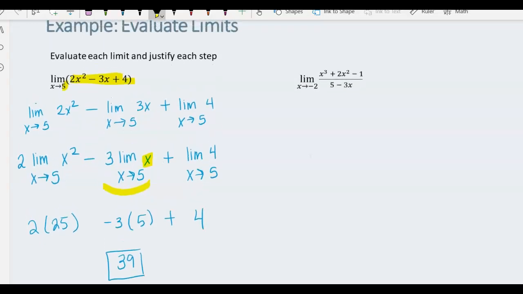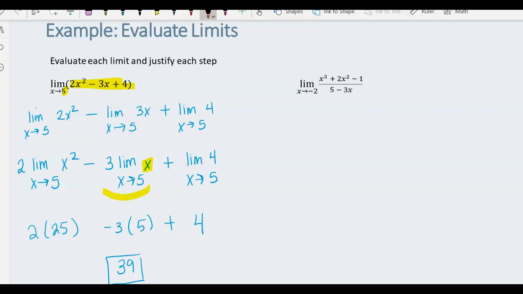What happens if we do that in the second example? What if we were to just take negative 2 and plug it in here? Let's see, negative 2 cubed plus 2 times negative 2 squared minus 1, over 5 minus 3 times negative 2.